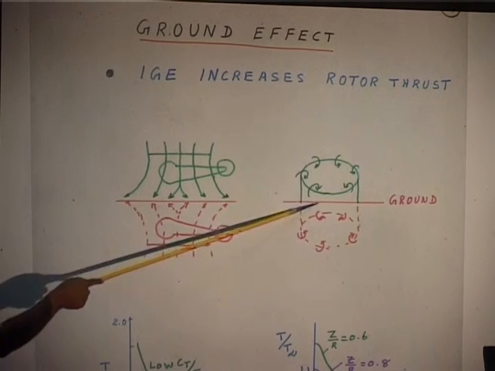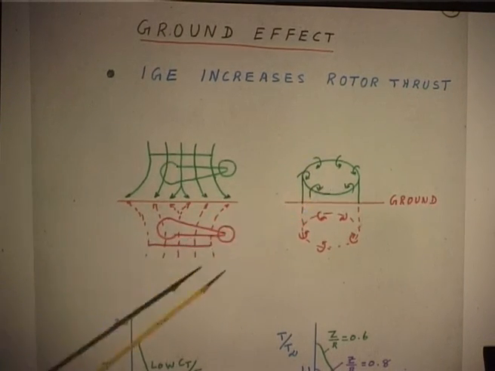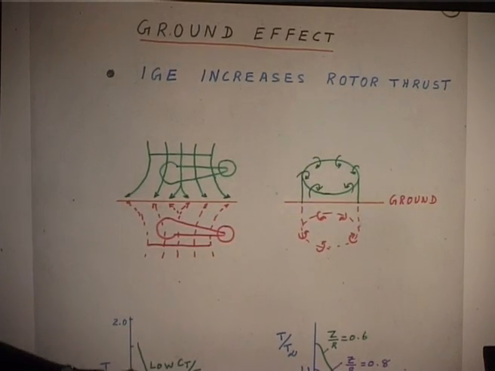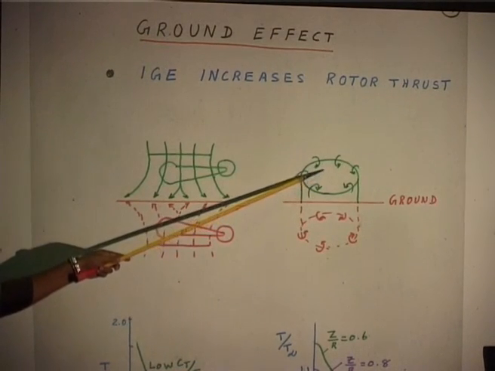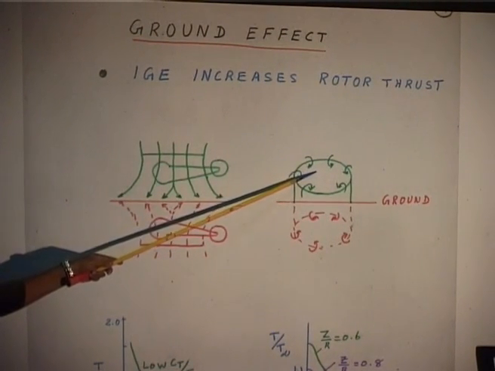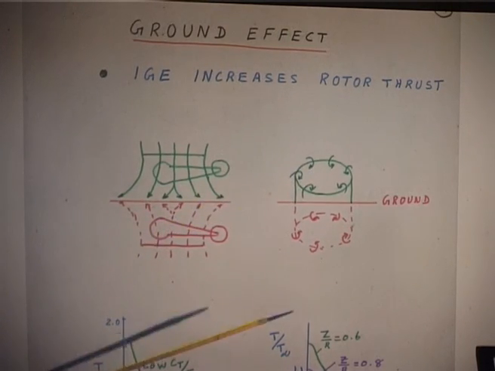This inflow will come up like this, that inflow goes down, both cancel out, leaving the ground as the 0. Now, the effect of this will be to reduce the inflow there, because you are pushing the air up.